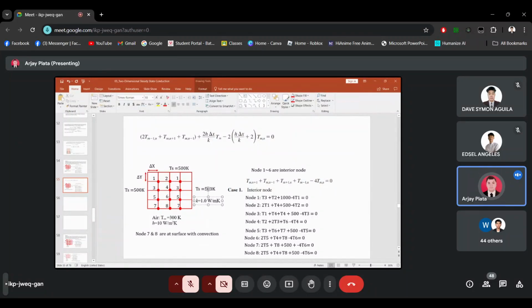So let's assume that k is 1.0 watt per meter Kelvin. So 2 times h, which is 10, times delta x, which is 0.25, over k is 2.5.